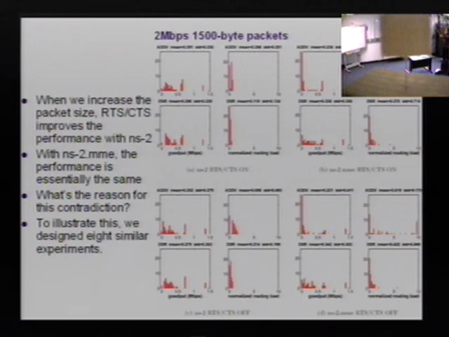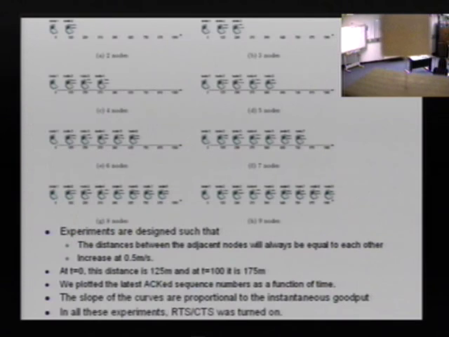So, what's the reason for this contradiction? To illustrate this, we designed 8 similar experiments. The experiments are designed such that all nodes will have exactly the same distance between them throughout the simulation, and then this distance will grow at 0.5 meters per second.